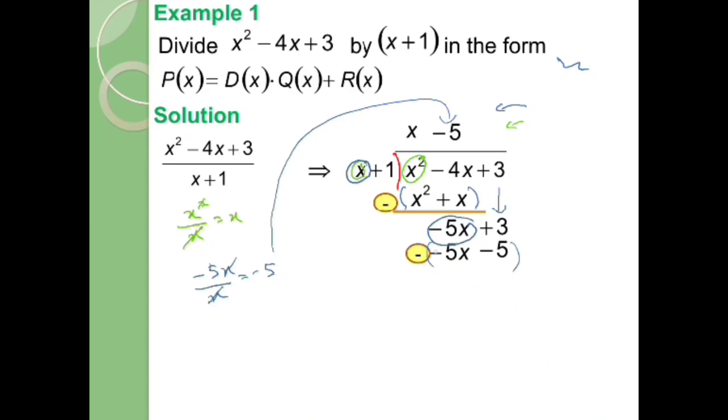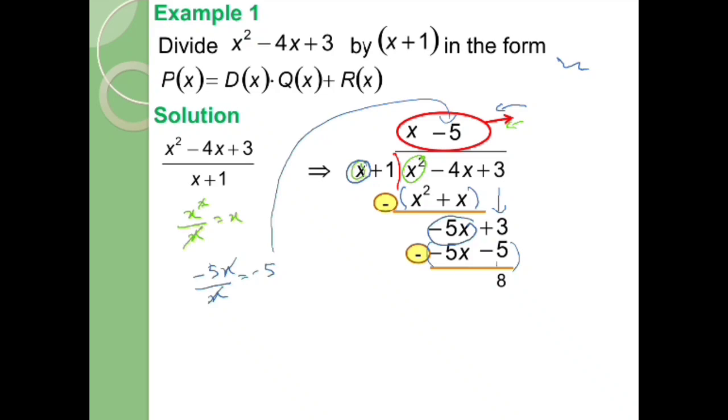Make sure that the first term here must be 0. The first term of everything that we want to subtract must be 0. So the next term behind it can be any number. So 3 minus negative 5 is 8. So that's our remainder.